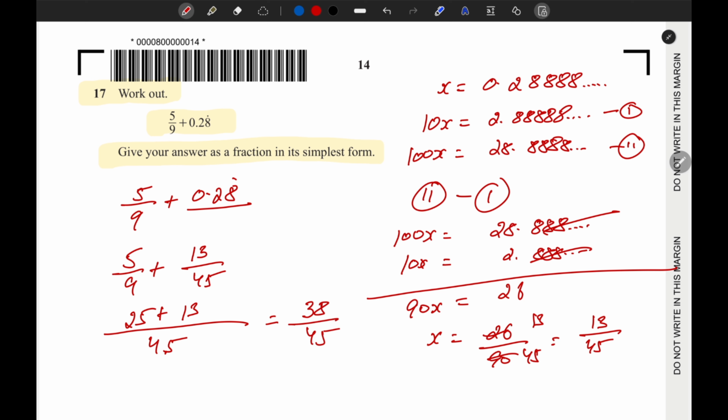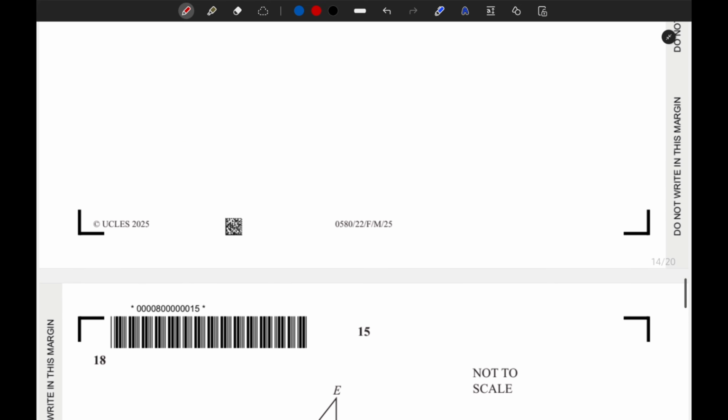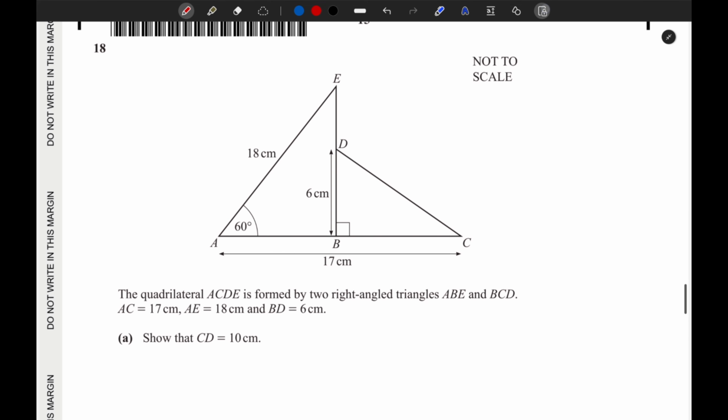Now the next one. A quadrilateral ABCDE is formed by two right angled triangles ABE and BCD. This is the quadrilateral A, B, C, D, E. As you can see, there are four sides: 1, 2, this is 3, and the fourth one is over here.